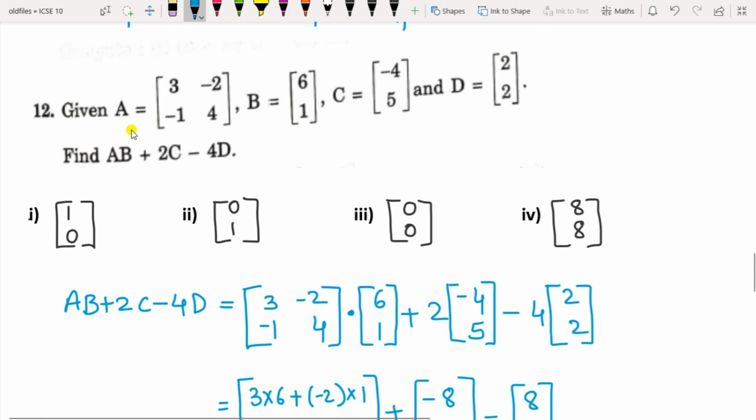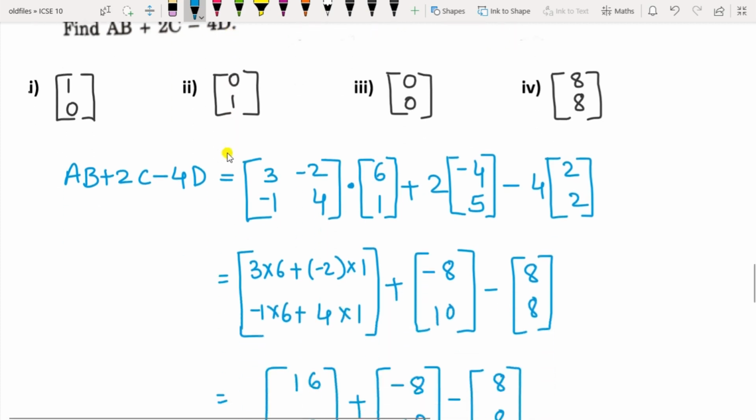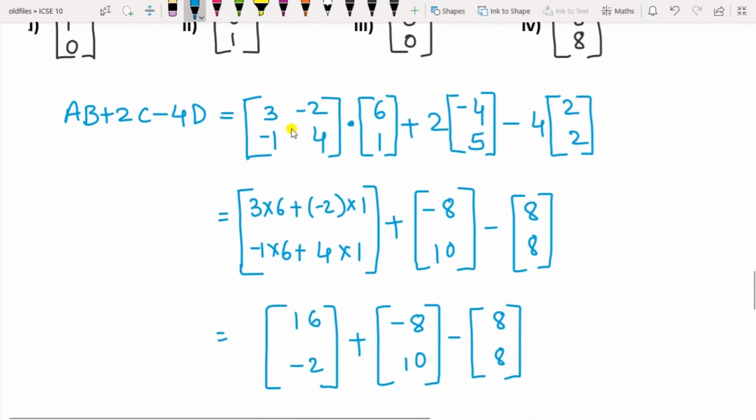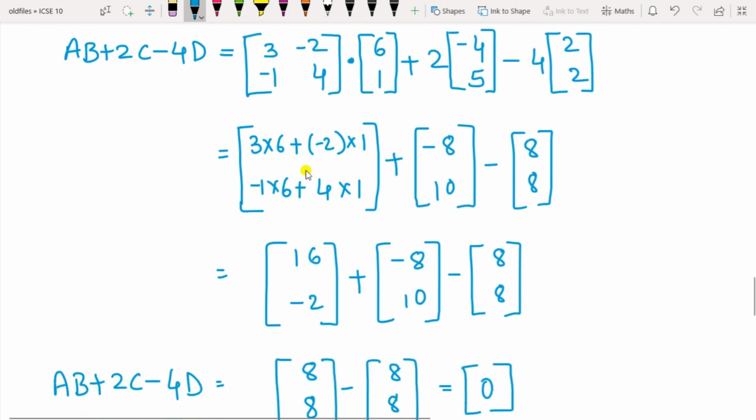In this case A is this matrix, B is this, and then C and D. You have to find the value of AB plus 2C minus 4D. So this is AB plus 2C minus 4D. If you multiply, you get 3 into 6 plus minus 2 into 1, and minus 1 into 6 plus 4 into 1.